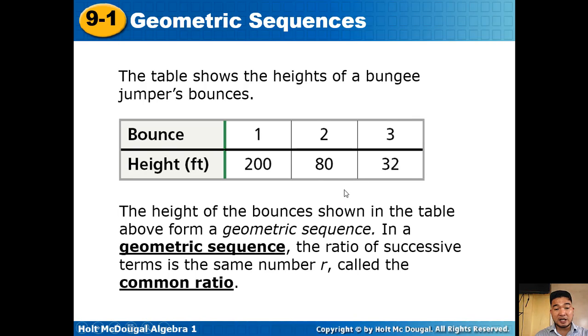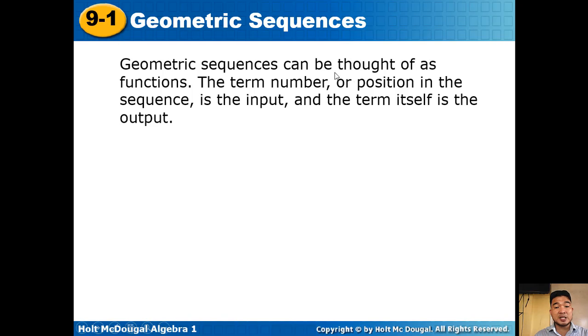So, titingnan natin, ano ba ang common ratio? Geometric sequences can be thought of as functions. The term number or position in the sequence is the input and the term itself is the output. Talaga naman function siya, kasi nagbabago ang sequence depende dun sa pagbabago ng input.